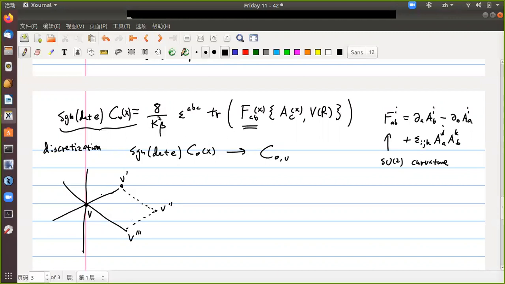Near this vertex v, you can find another 3 vertices, and these 3 vertices enclose a small square. This small square is usually called a plaquette of the lattice.